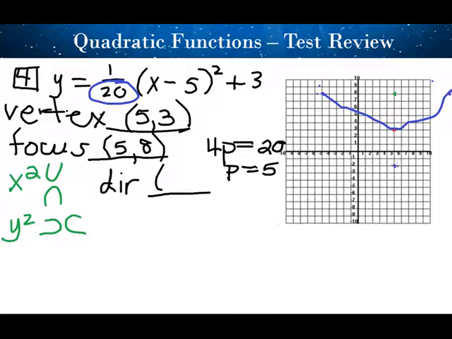But the directrix is on the other side, and so if I look over here, the directrix is sitting right here on the other side of everything. Let's get rid of all that right there. Okay, the directrix is going to be y equals -2.